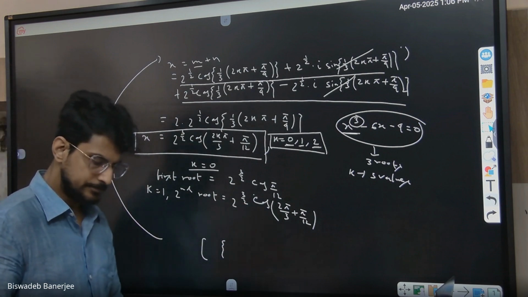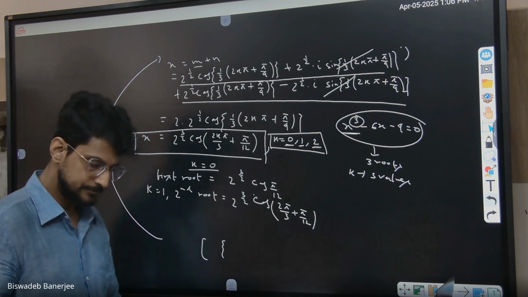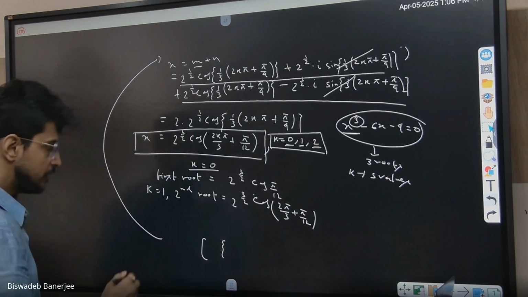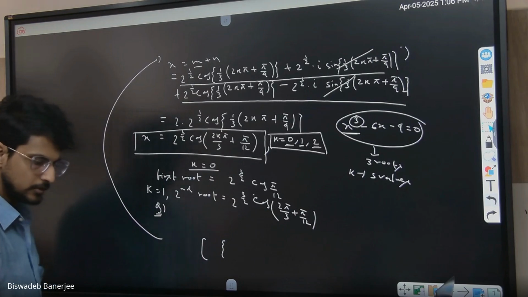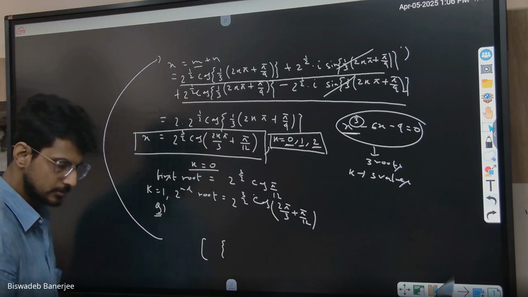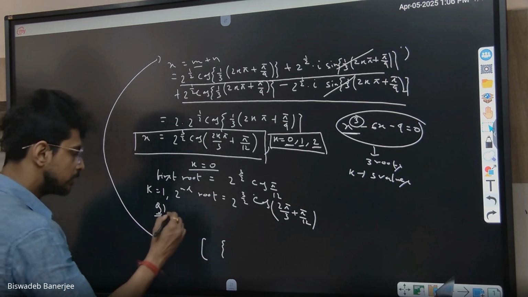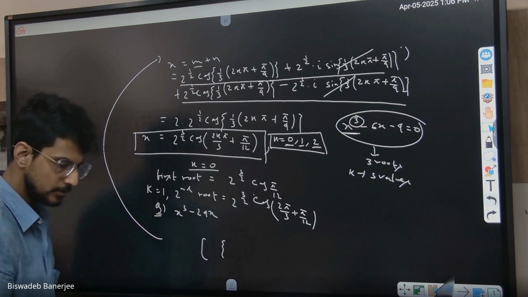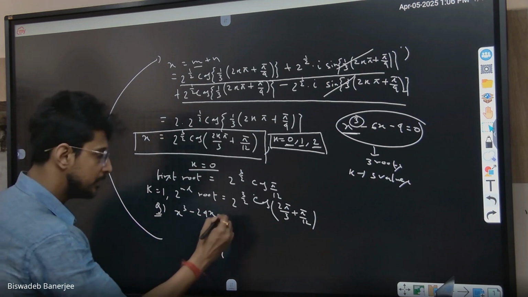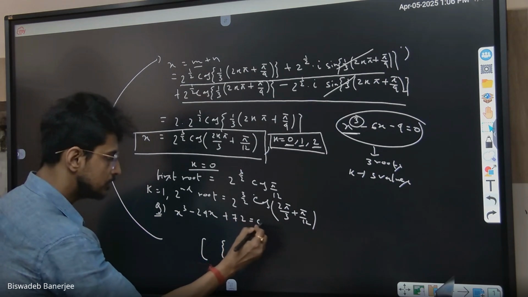Take 2 homework from this chapter. First homework question: x cube minus 24x plus 72 equal to 0.